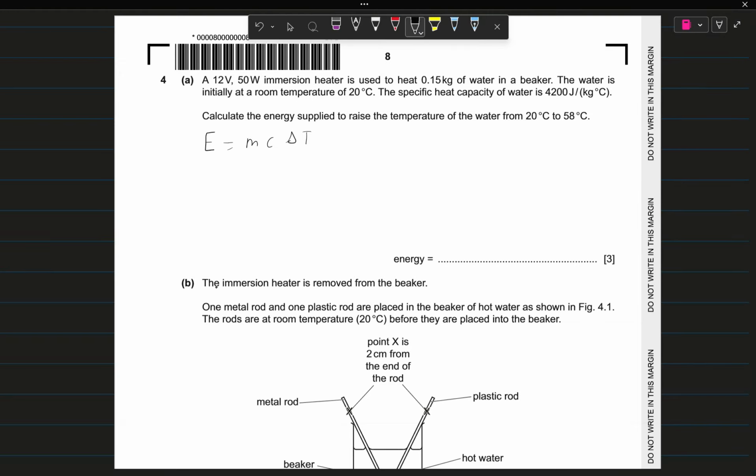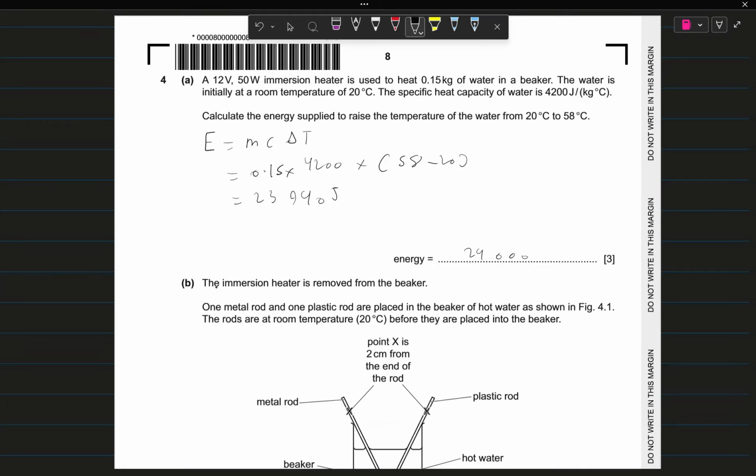So to get this energy, that'll be the mass, which is 0.15, times the specific heat capacity, which is 4,200, times the change in temperature, being 58 minus 20, which of course will be 38. So again, like that in the calculator, and if we did everything correctly, that will be 23,940 joules. And to do significant figures, that will be 24,000.